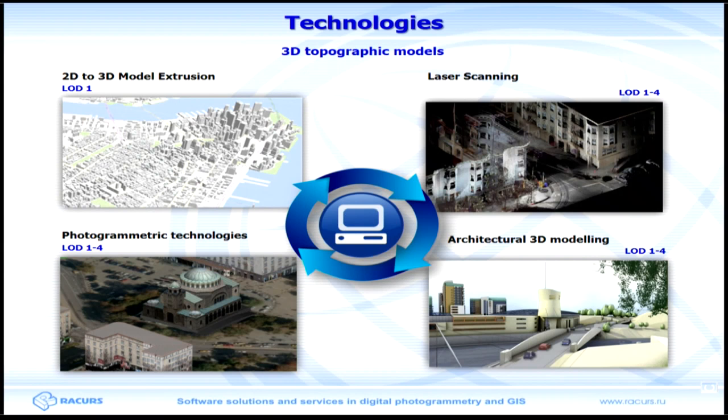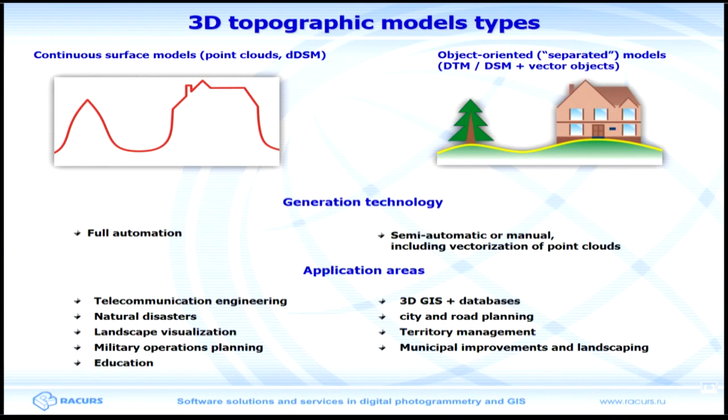You may not know that at the latest ISPRS forum, Hexagon put forward a photon scanner, where they scan a surface using a laser beam, trying to get higher resolution. And architectural modeling is where human beings come into play.